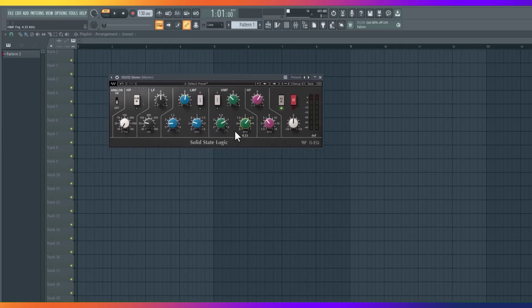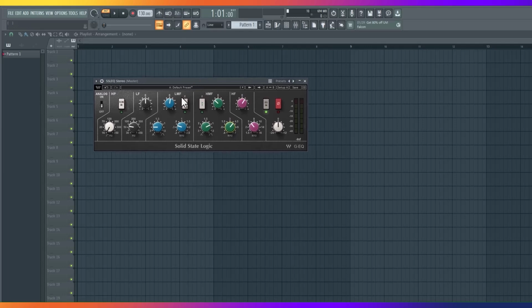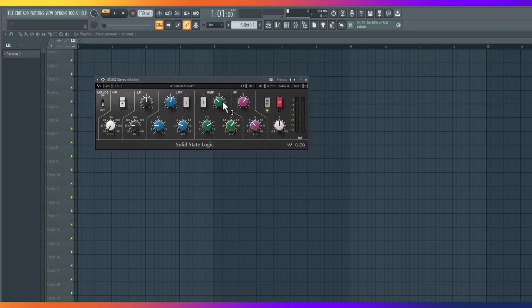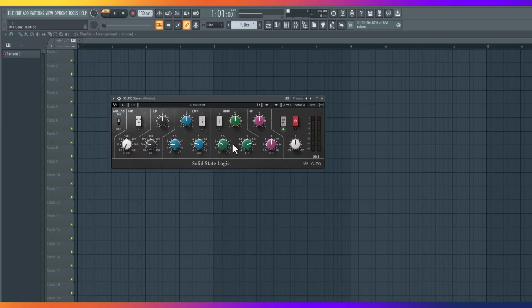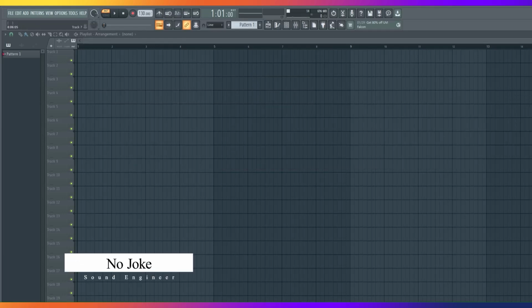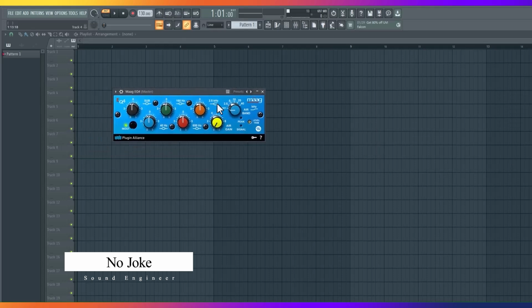But with the parametric EQ, you have total control over the frequency. Even with this one you still have control over the frequency, but it comes with a little bit of limitation. This is what we call the semi-parametric EQ. And also, this is another semi-parametric EQ. Everything is configured already.